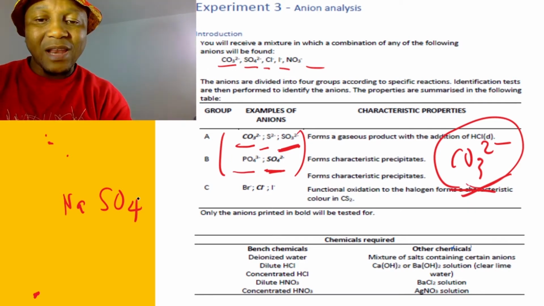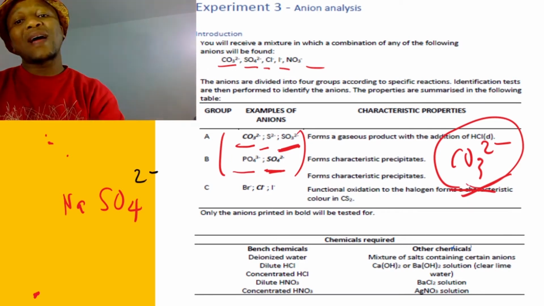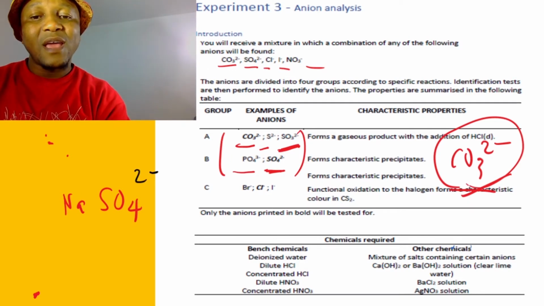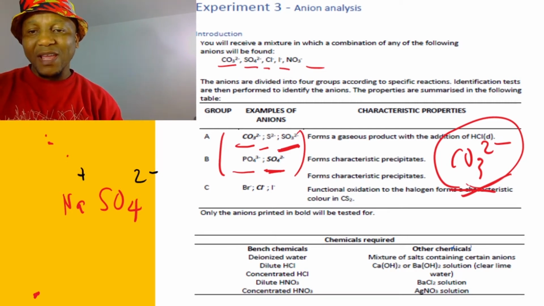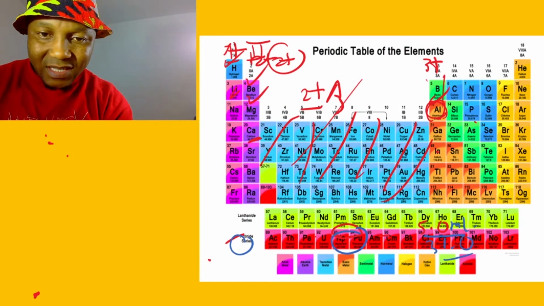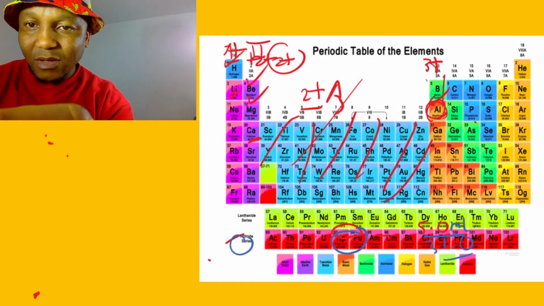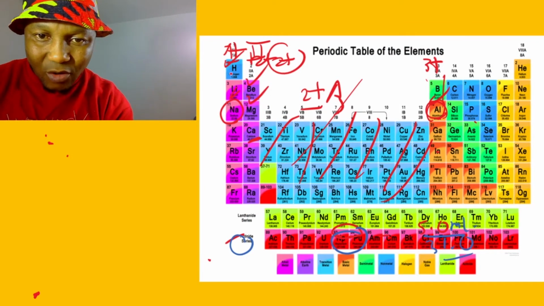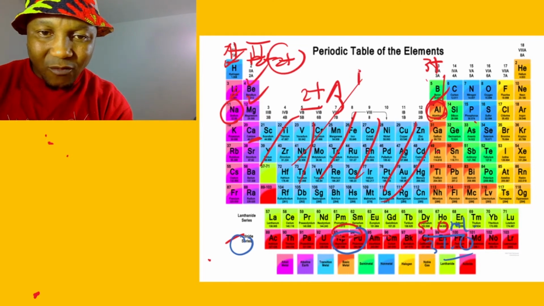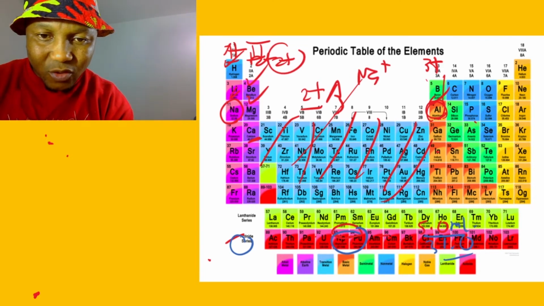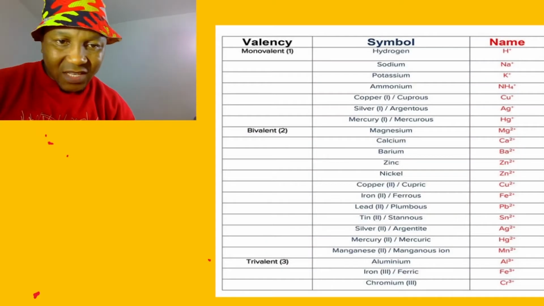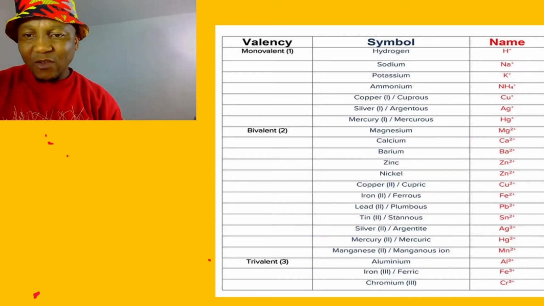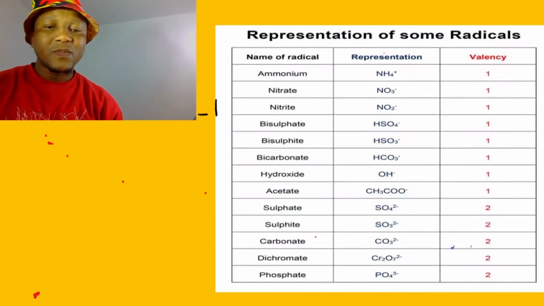So now you need to know the valence. What is the valence of sulfate? You can just go to the radical list, and you're going to see it has a -2. And sodium has a +1 because sodium is an element, and you can find it in the periodic table right here. Sodium is in group 1, which means the valence of sodium is +1. And now the other one is sulfate, SO4. Sulfate SO4 has a valence of -2.